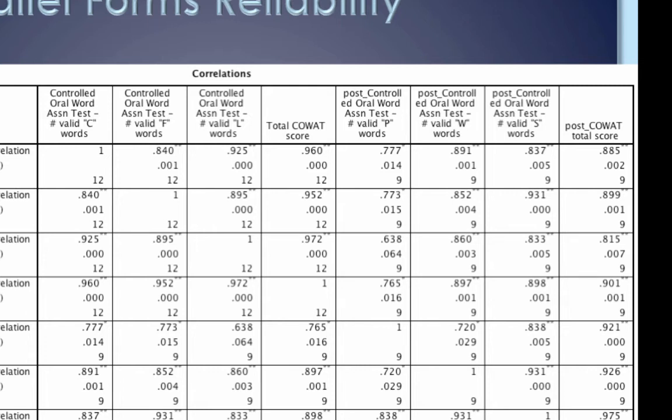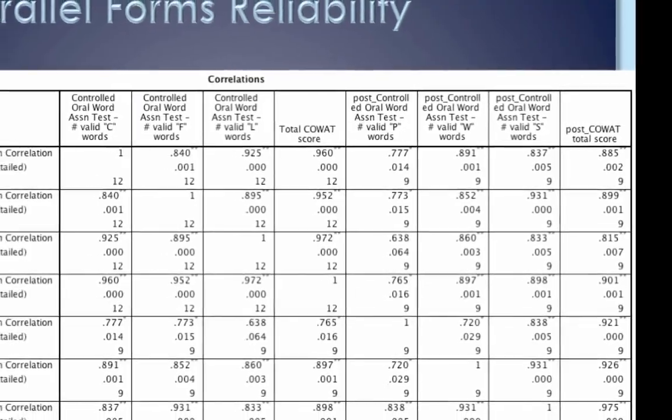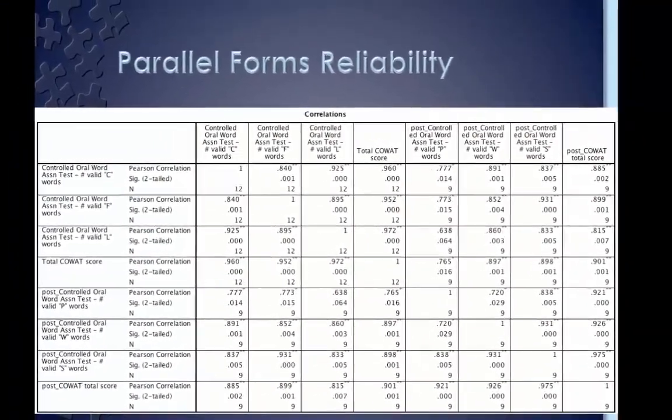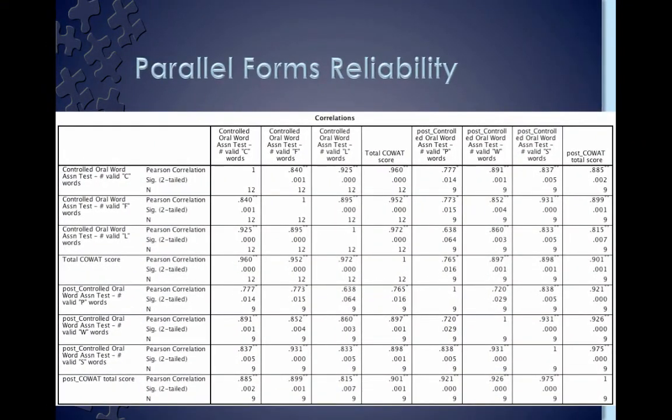Are they equivalent and are they reliable? Every single time we use it, it's going to measure verbal fluency, no matter which one we use. So we can look at the total COAT score and the post-COAT score and see whether these 2 scores correlate.